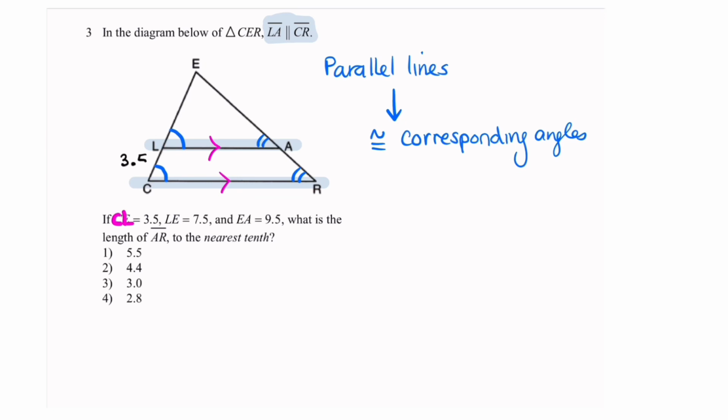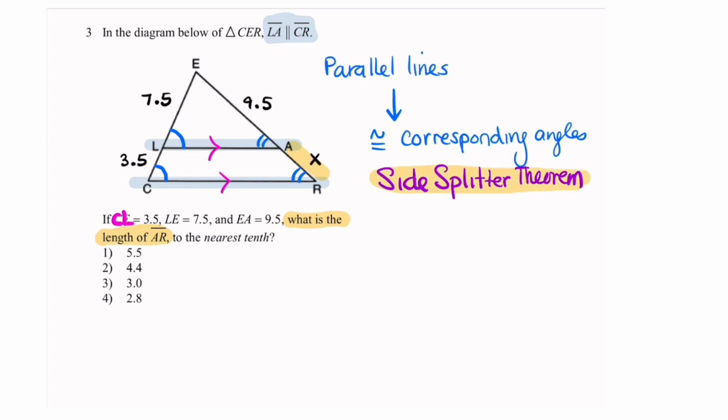CL is 3.5, so we'll mark that in our diagram. LE is 7.5, EA is 9.5, and we're looking for AR. Now, since it says to the nearest tenth, that's a good indication that we'll use a calculator in this problem. And because of those parallel lines, we're thinking about the side splitter theorem.